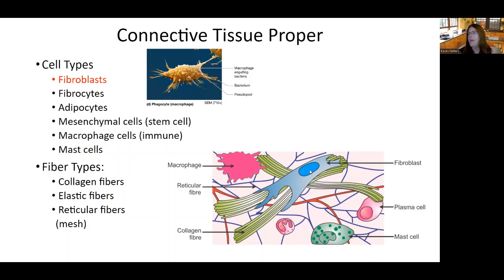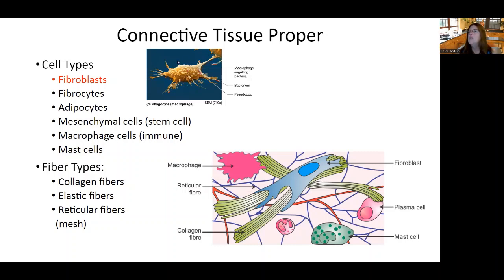Adipocytes are fat cells. We have stem cells, the mesenchymal cells, and very importantly, macrophage. Here's a macrophage, the big yellow guy, and also, or pink, up on the top, more of like a scanning electron micrograph. Macrophage is a white blood cell. Macro, large, phage for phagocytosis, eating.